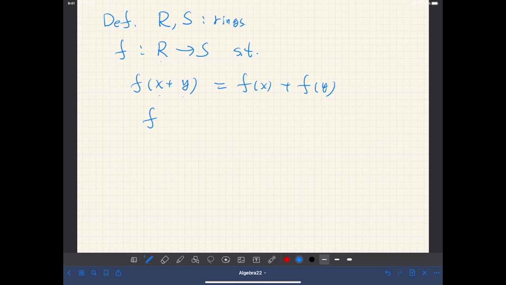And also f of x times y is equal to f of x times f of y. Then this mapping f is a homomorphism.